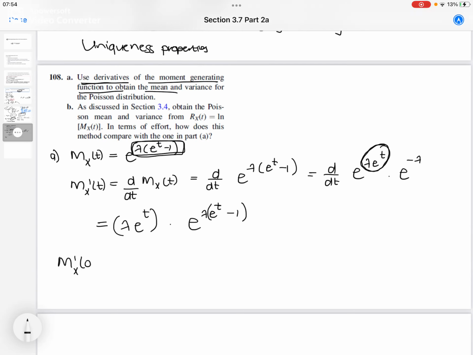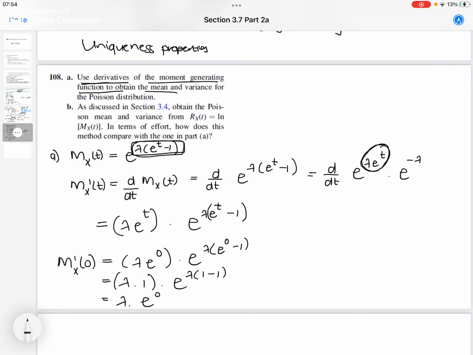Then the next step is to substitute t equal to 0. And so we have lambda times e to the power 0 times e to the power lambda (e to the power 0 minus 1). And so that is equal to lambda times 1 times e to the power lambda (1 minus 1).